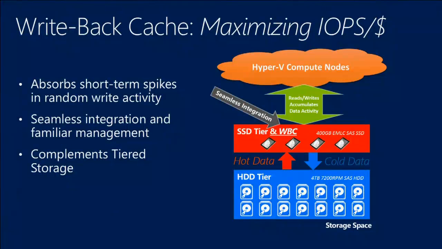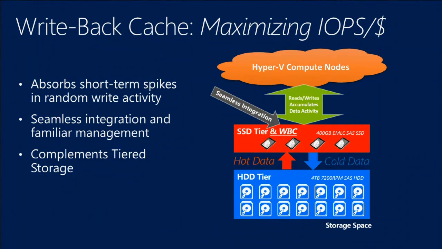Another capability to maximize the IOPS per dollar is the write-back cache, which is persistent, and I say persistent because there is no in-memory representation of the cache. It's all on SSDs. It's a persistent, per virtual disk write cache that utilizes SSD capacity to absorb short-term bursts of random small writes to that virtual disk.